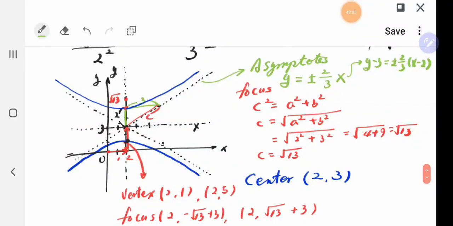Then we can simplify this. Once we simplify, we will have y equals plus or minus 2 over 3x, and then minus plus 4 over 3.